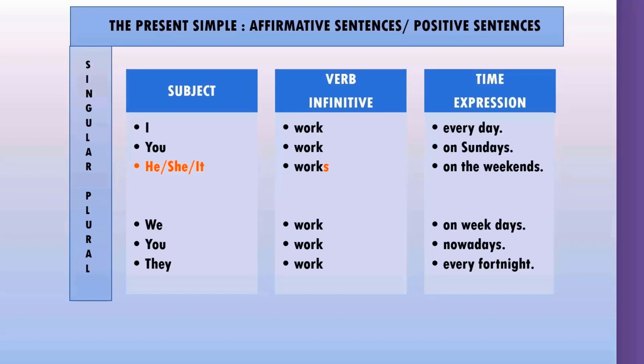So if we look at the time expressions now, you can see that there's a regular pattern: every day, every Sunday, on the weekends, on weekdays, nowadays, every fortnight, okay? Nowadays means something maybe has changed from your normal pattern, but it's something that is a pattern now.